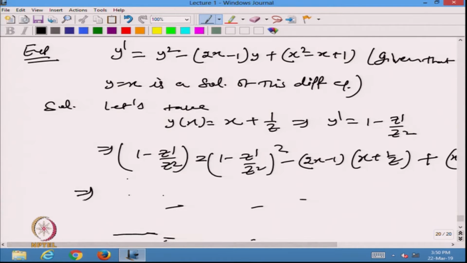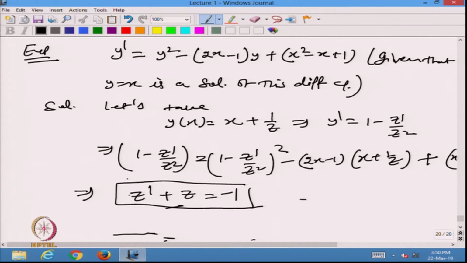This can be further solved, and after doing all the calculation and cancelling the terms, I get this equation. This is a first order linear differential equation which can be solved further.